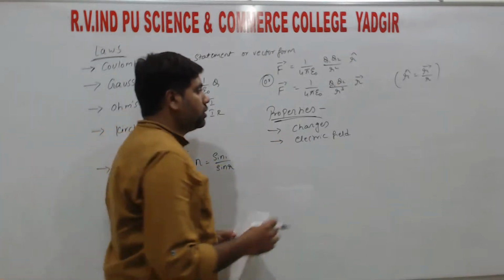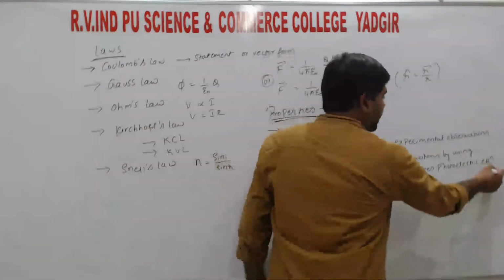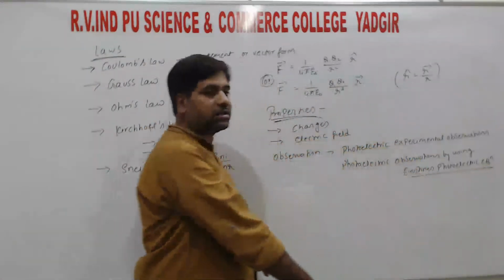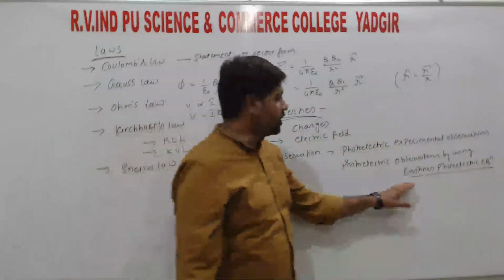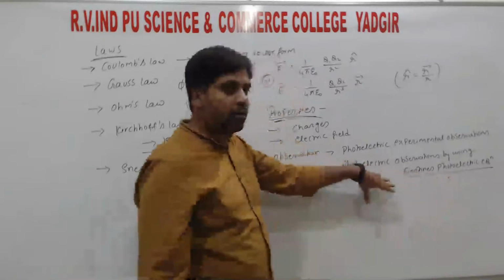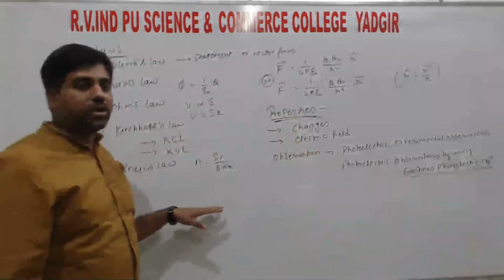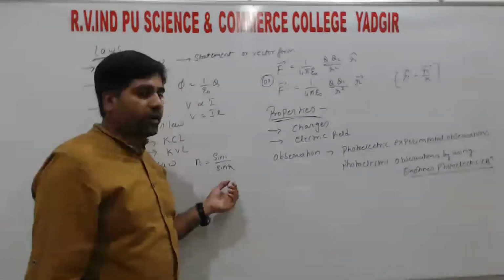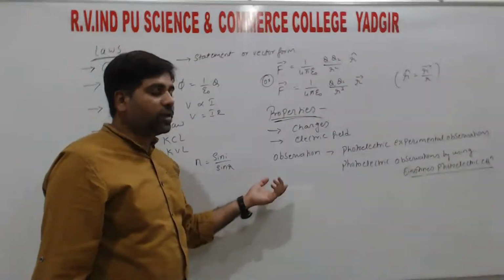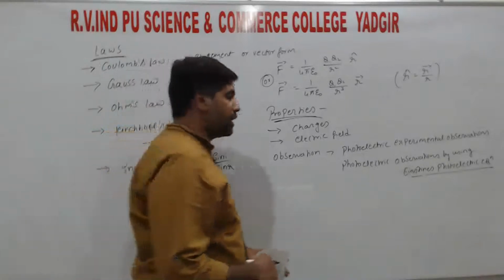In dual nature, we have observations and Einstein's photoelectric equation. There are chances of it being asked for 1 mark, only the equations. The energy of the incident ray is equal to the sum of the work function and the kinetic energy. So E is equal to phi naught plus kinetic energy.